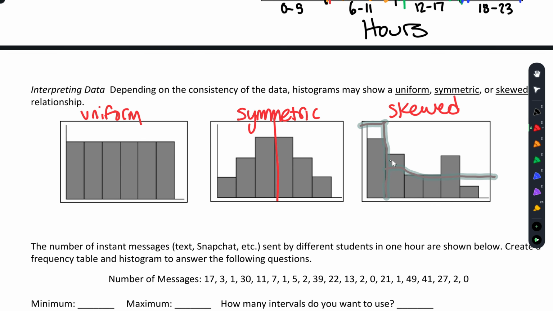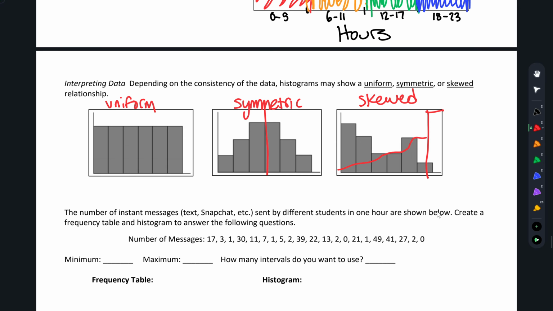Either going that way, or it could look like this, where it's super high over here and then kind of drops off. So if it's skewed, that either means all over the place, maybe it's pushed all to one side, maybe it's just a steep incline or a drop off or something like that. That's what skewed is.